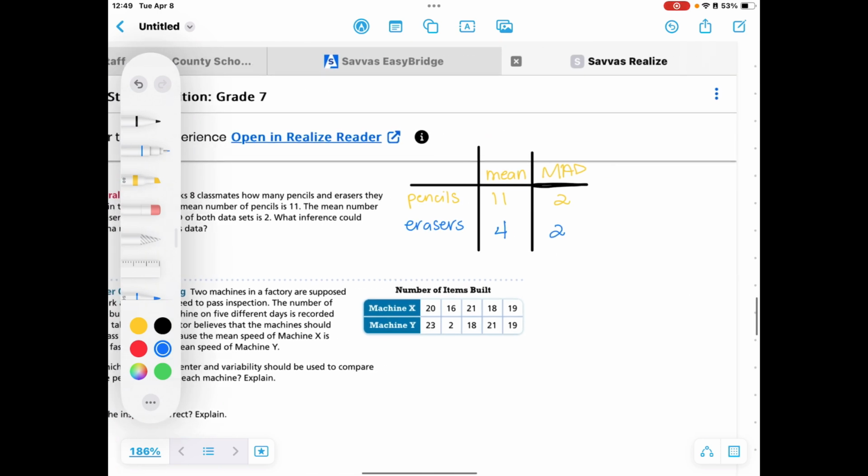So keep in mind with that MAD, it just kind of helps us find out how far away each of the values are from the mean. And with both of them being 2, that means it just stays pretty consistent for every classmate.